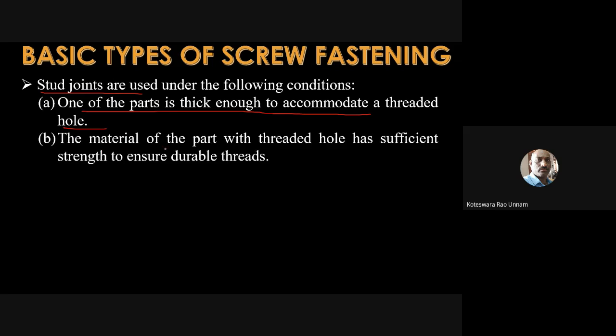Then, the material of the part with the threaded hole has sufficient strength to ensure durable threads. So if these two conditions are satisfied for the given part, then we can use that part as a nut itself.